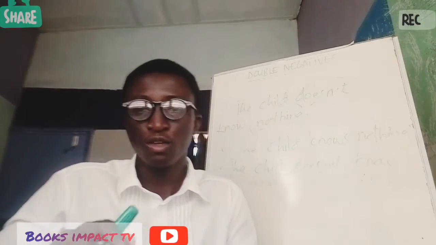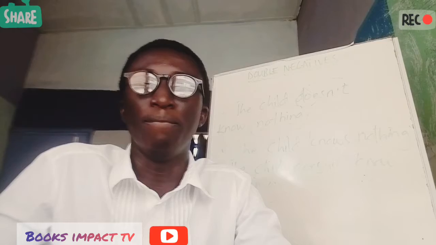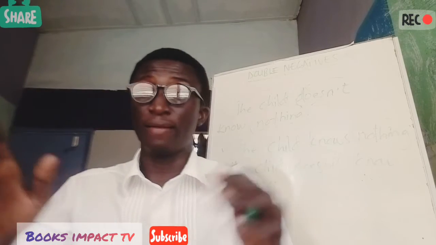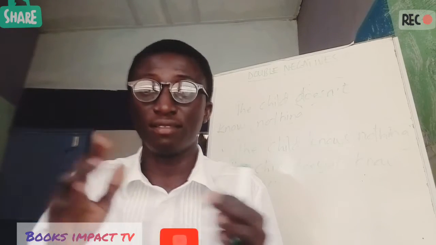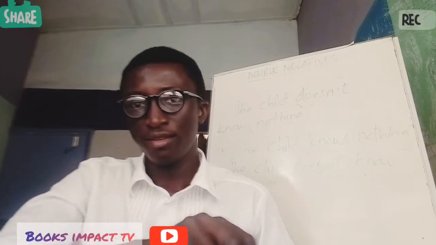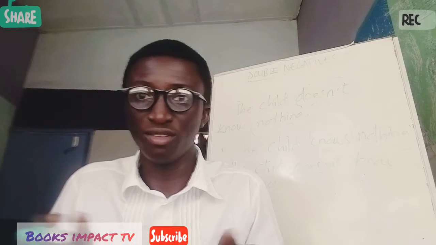It's very simple. But when you are dealing with double negatives, sometimes it's crucial, because if you don't take much care, or if you're not vigilant in the choice of words you are using, you might end up committing an error of which you might not even be aware.